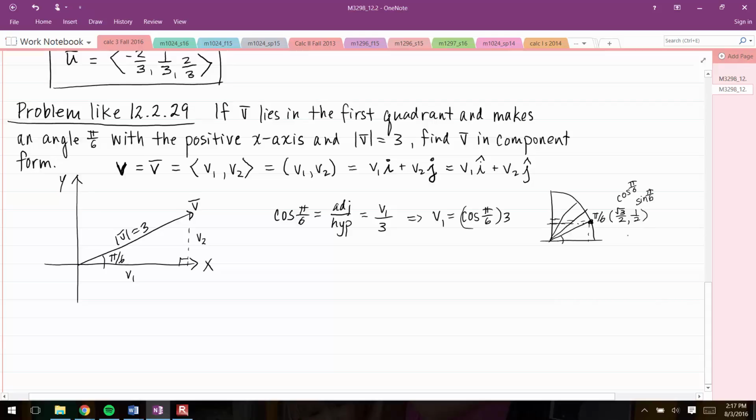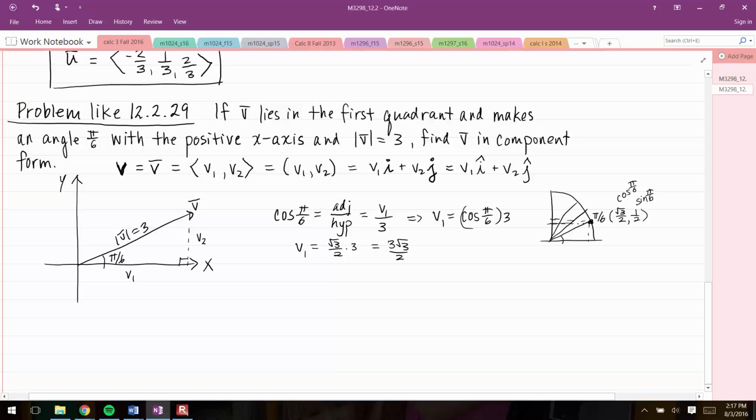We only care about cosine of pi over 6 for now, which is square root of 3 over 2. So we can plug that in, and we're pretty much done finding the answer for the v sub 1 component. So 3 square root of 3 over 2 is simplified, and we got that result.